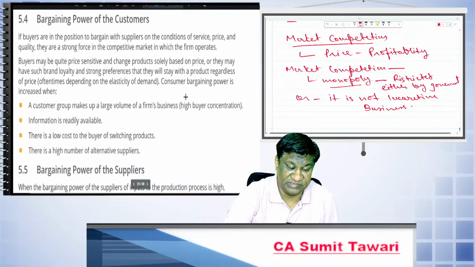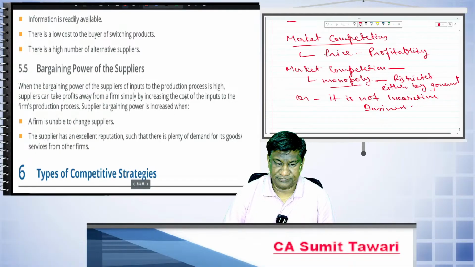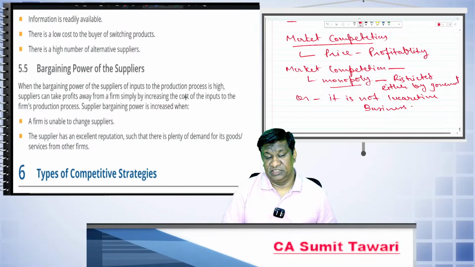And the last one is the bargaining power of the supplier. As we already discussed, this threat is less than the threat of the bargaining power of the customer, so it is again a moderate threat.